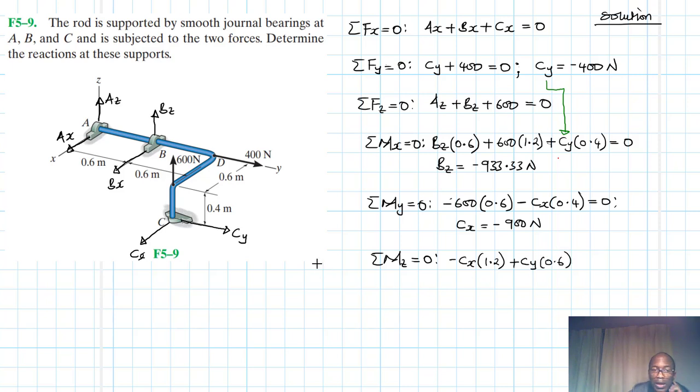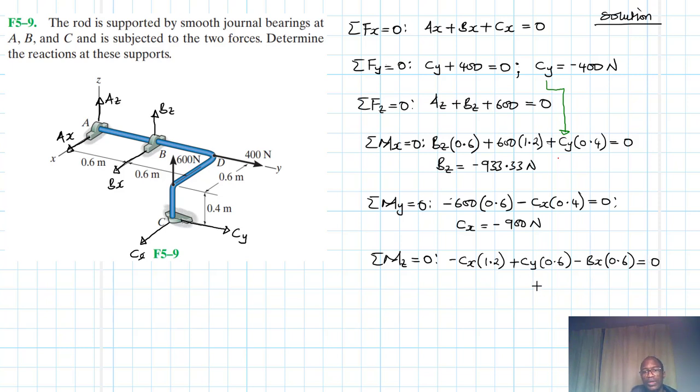Then Bx is causing a negative moment, which is Bx by 0.6. What else? So Cx, Cy, Bx, that's about it, right?